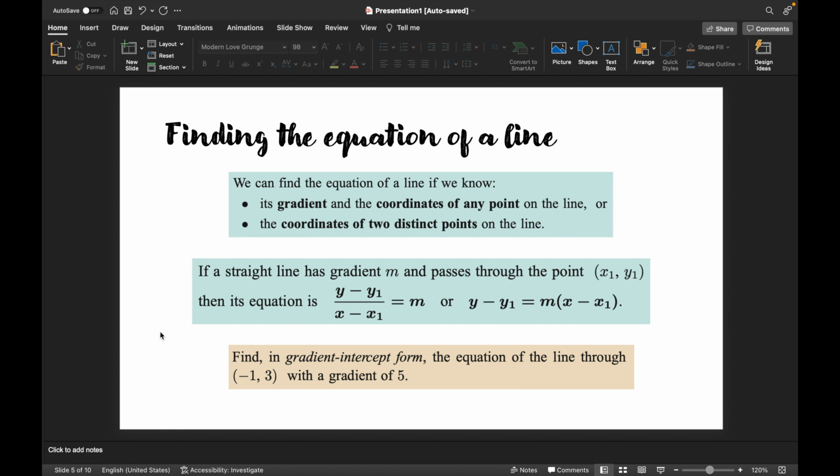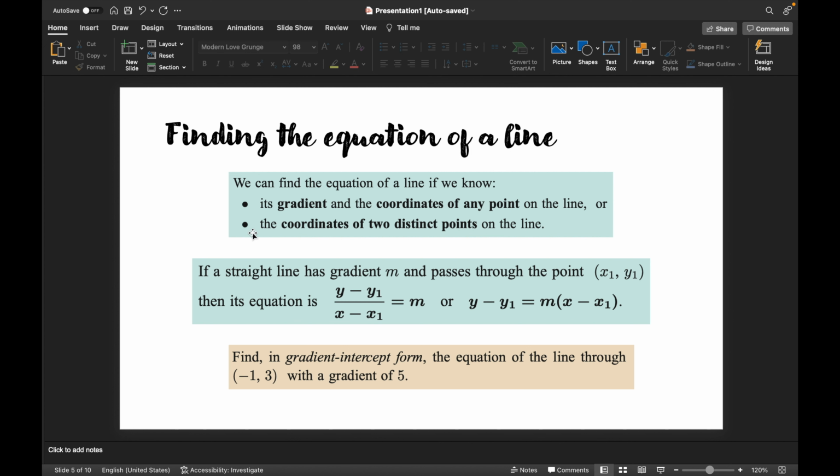But then there are 2 points here. We'll see what they are. We can find the equation of a line if we know its gradient and the coordinates of any point on the line, or the coordinates of two distinct points on the line. So don't restrict yourself to just these 2 points.